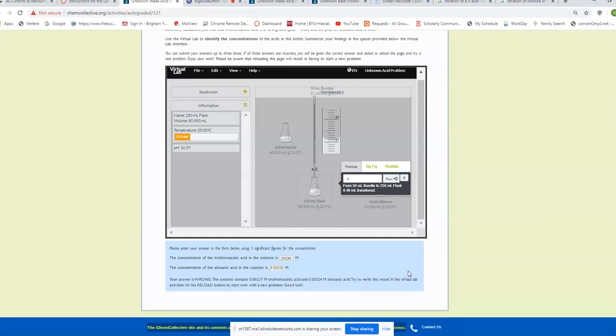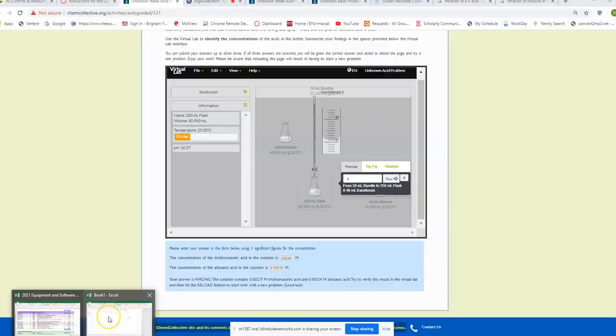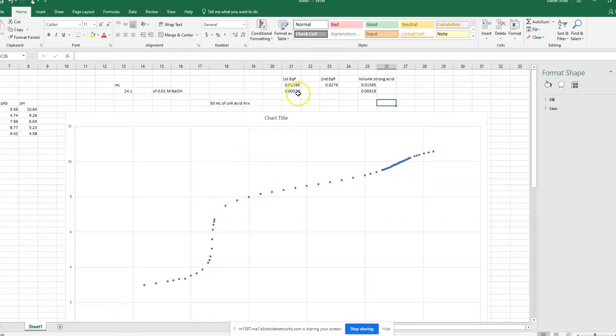I'm just going to punch through and see what it was. So it was 0.237 and 0.324. 0.237. So let's see what they are using as their endpoint here. Instead of 0.239, 11.95, they used 11.85.